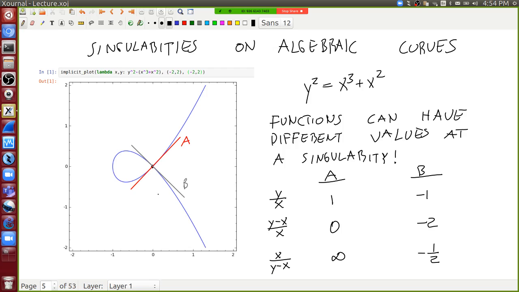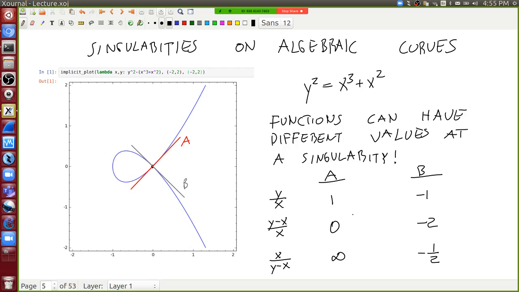Now, something you might think is that a rational function, an algebraic function, defined on one of these curves would at least have to have the same value at the singularity in both of its branches, and that is not true, because our algebraic function field has lots of indeterminate values, 0 over 0.